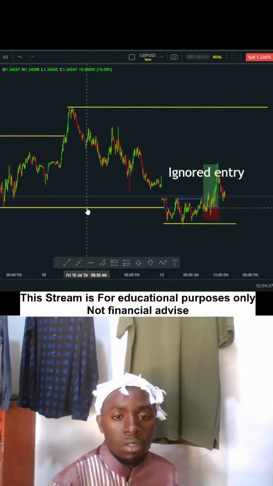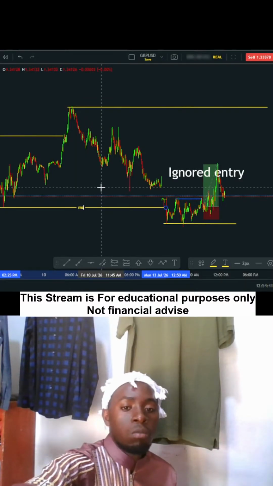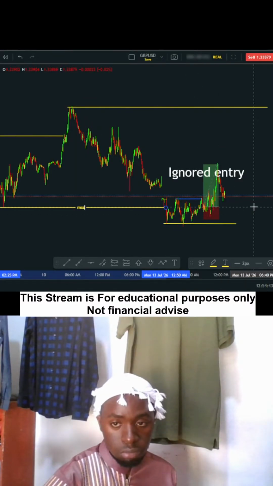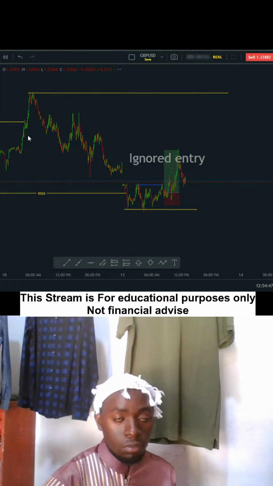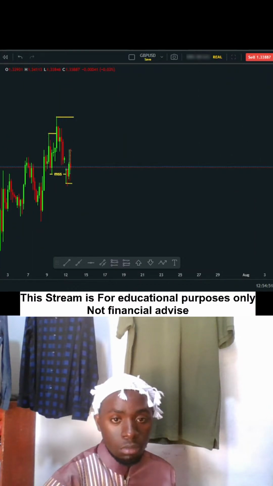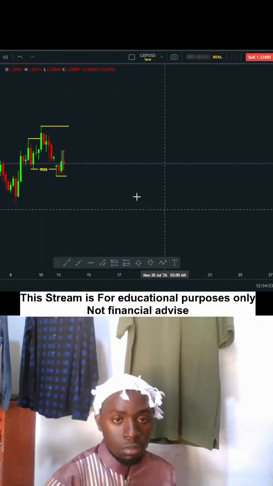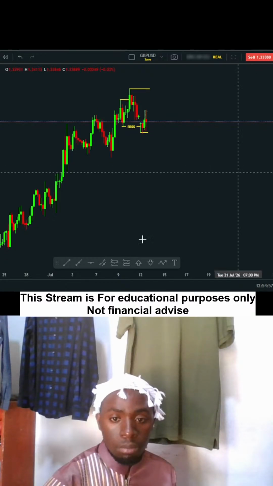Okay. This is the market structure sheet. This is kind of weird, man.